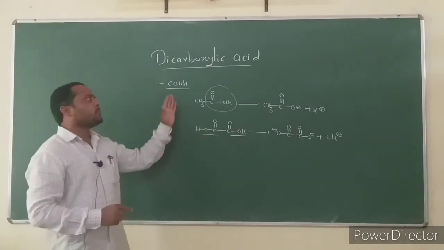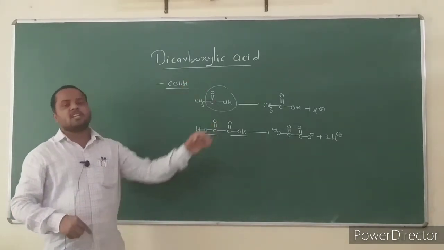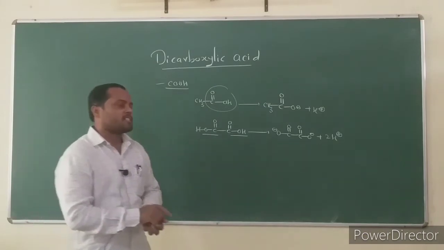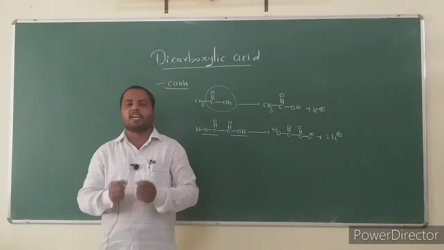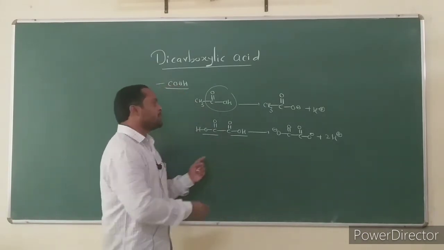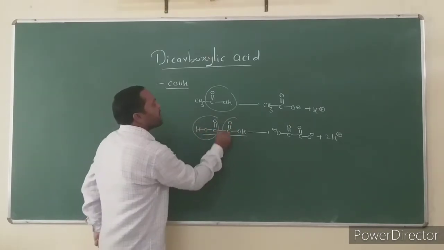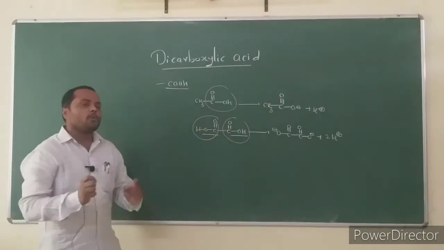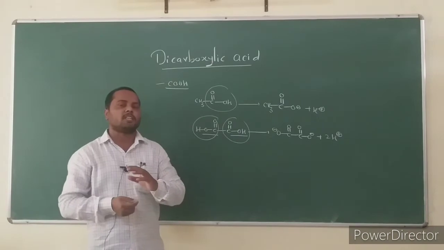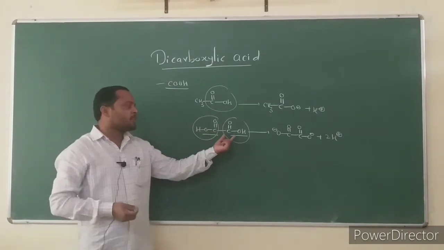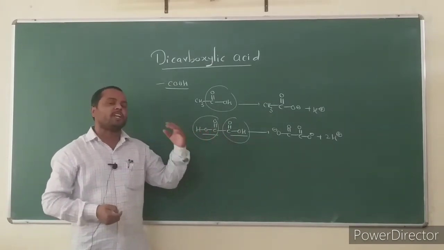In this lecture we discuss the acid strength of dicarboxylic acid. Generally in dicarboxylic acid two acid groups are present. This is the first acid group and this is the second acid group. Then what is the acid strength of dicarboxylic acid? As the distance between the two carboxylic groups increases.